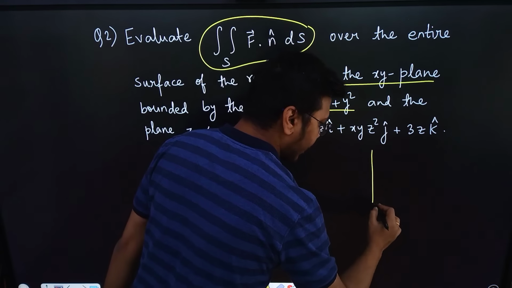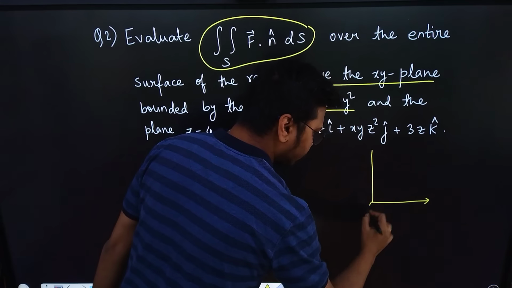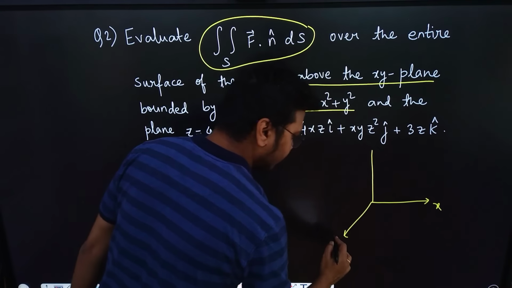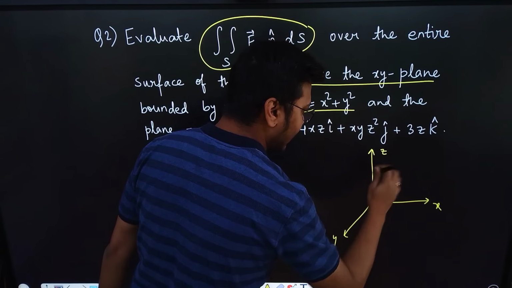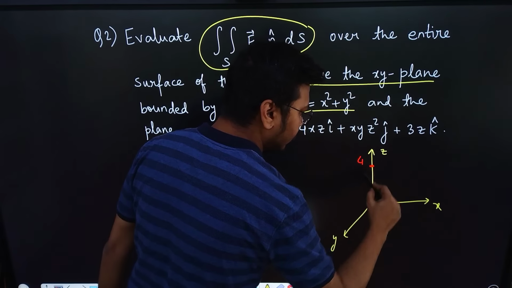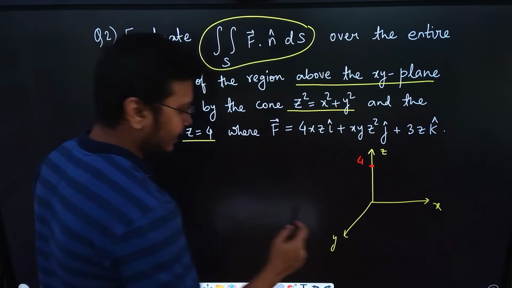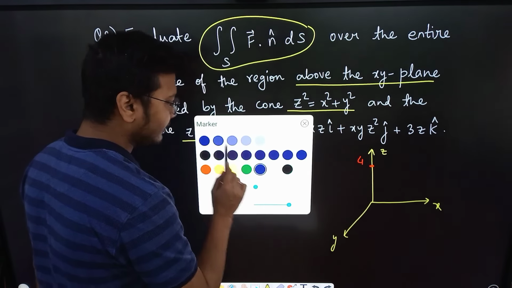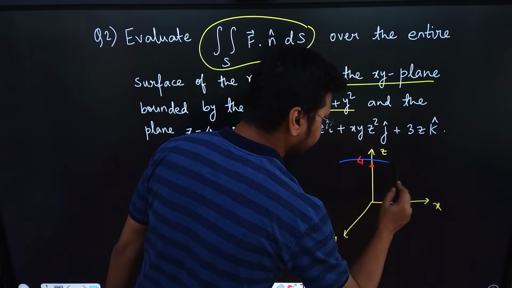That means if I try to draw the figure, let's say this is my x-axis, my y-axis, this is the z-axis, and if this is the value 4, z equals 4, then the cone is going to be something like this.